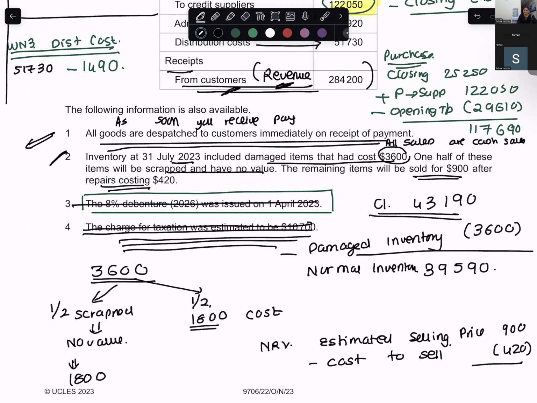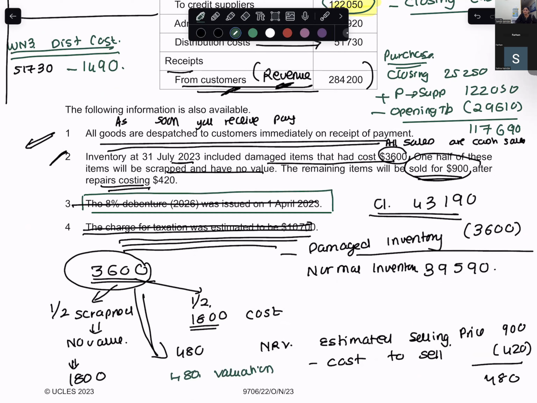So 900 minus 420. NRV is how much? 480. The valuation of this inventory would be 480. Cost or NRV, whichever is lower. Whichever is lower, so NRV. So valuation would be 480.